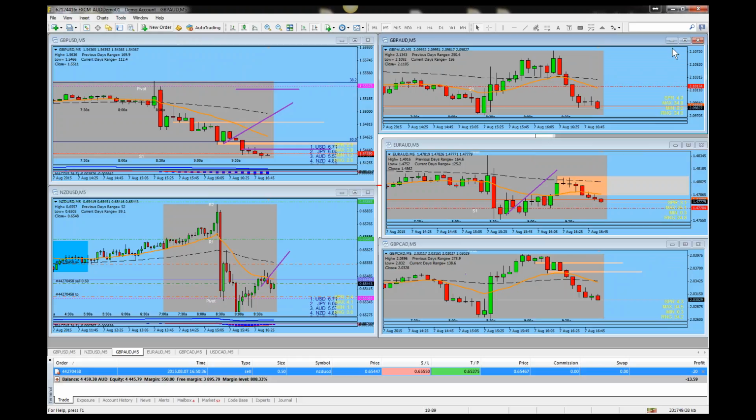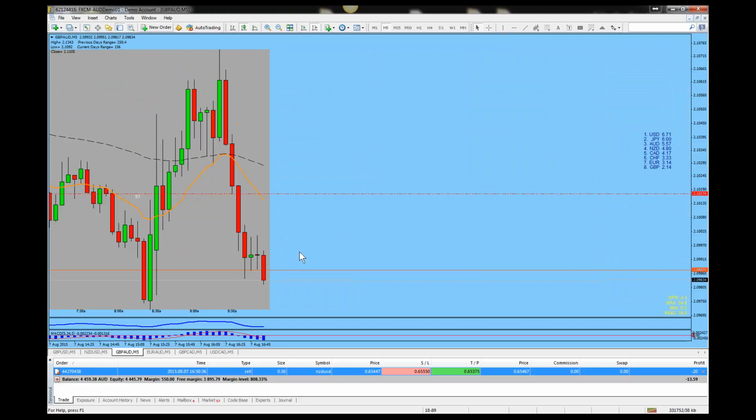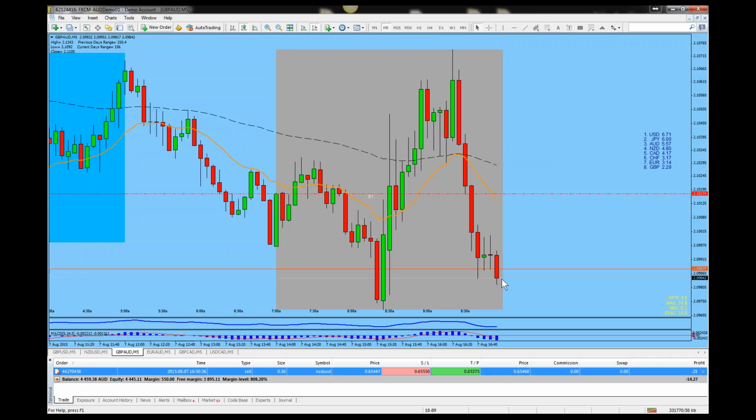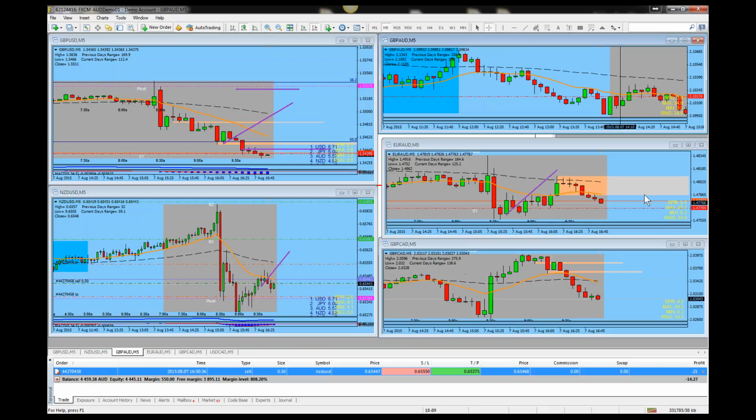We had a nice little price trap here. And this is pound Aussie. I'm not going to chase that. That should hold up right there. This should go to S1.